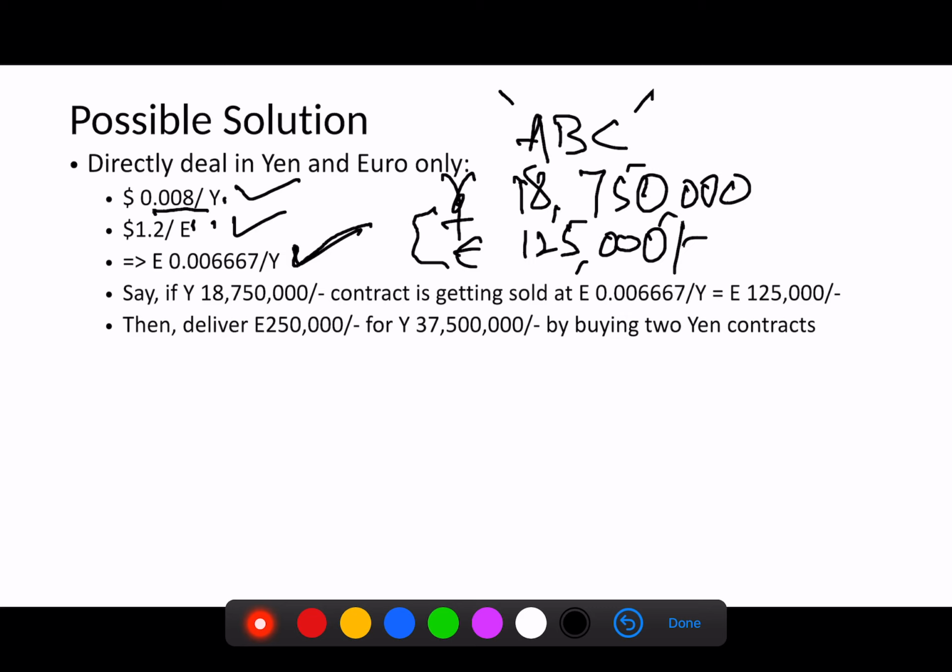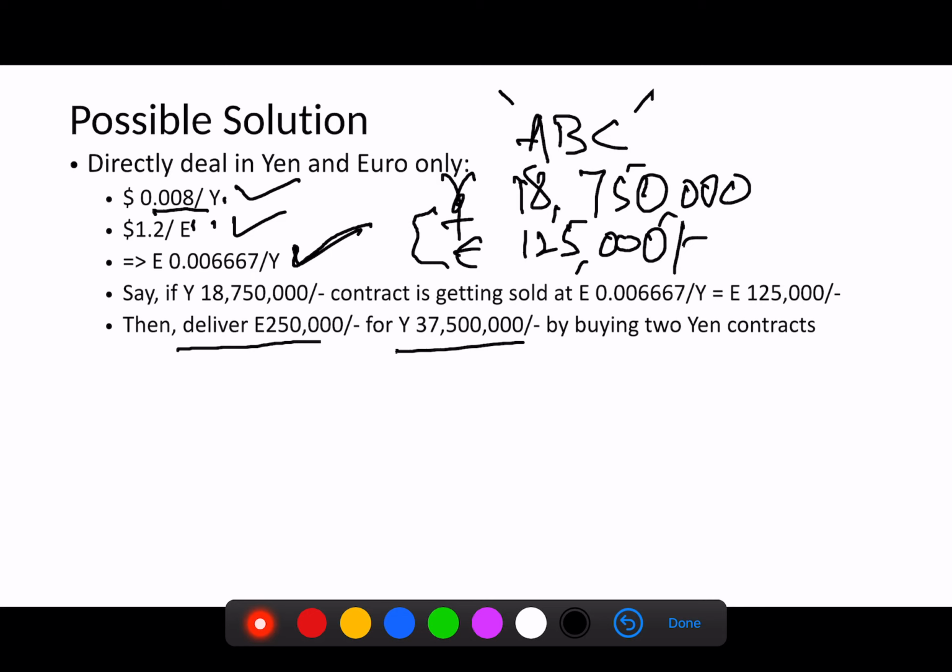And also the Japanese yen standardized contract size is increased from 12,500,000 units of Japanese yen to 18,750,000 units of Japanese yen. In that case, you need to deliver the same 250,000 euros directly now, and you are able to get 37,500,000 units of Japanese yen, which you need to eventually pay to the manufacturer.